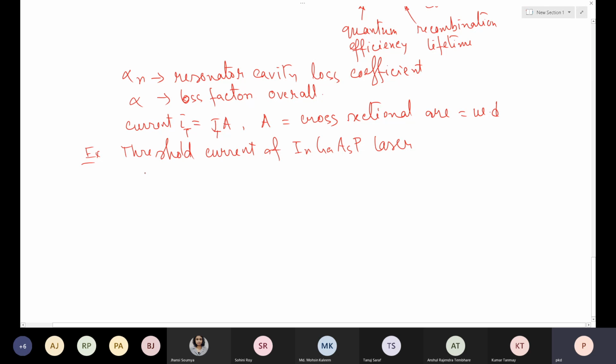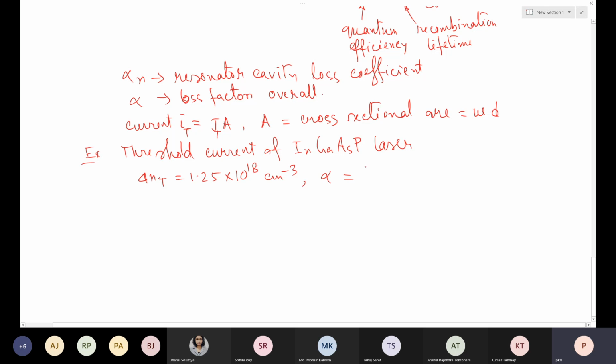Delta NT in one case is 1.25 times 10 to the power 18 per centimeter cube.